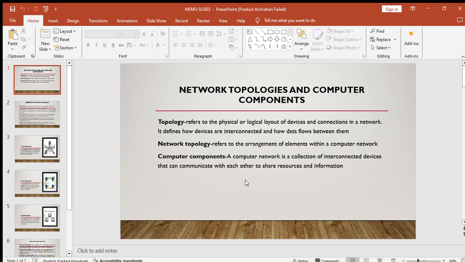So, network topology refers to the arrangement of elements within a computer network. Now, what about computer networks, computer components? A computer network is a collection of interconnected devices that can communicate with each other to share resources and information.